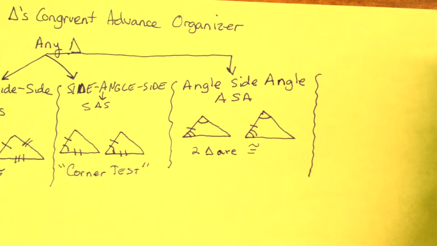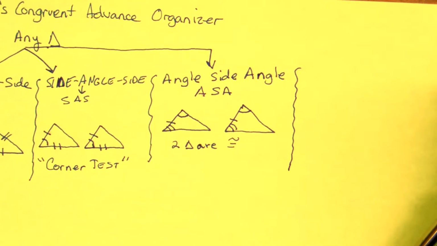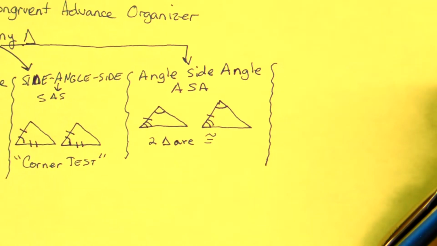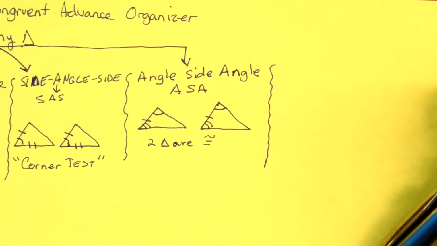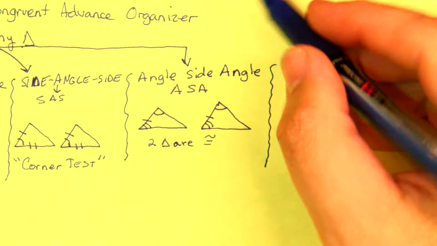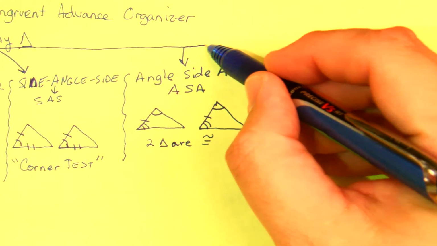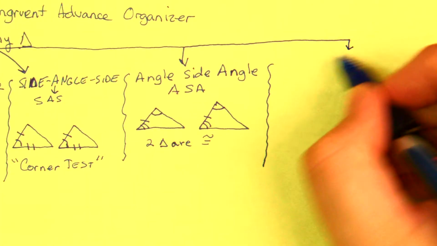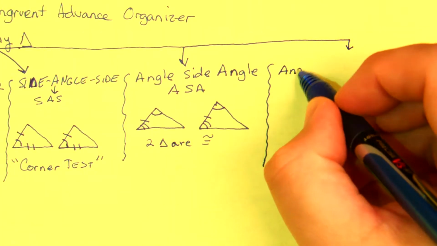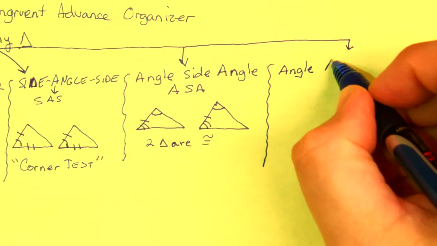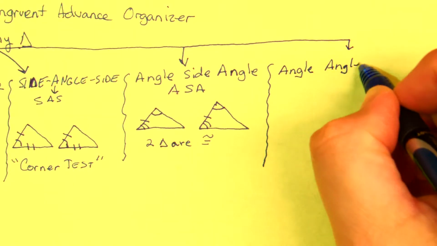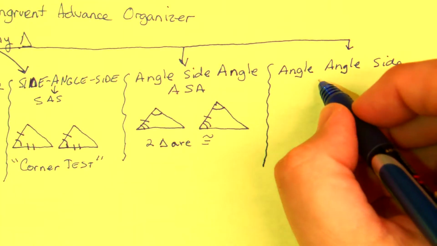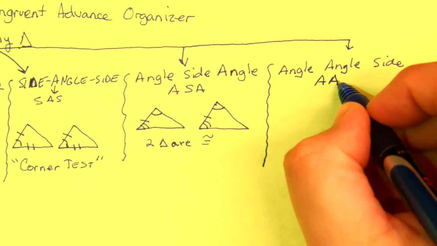Now the 4th major one that applies to any triangle is angle, angle, side. And it's AAS.